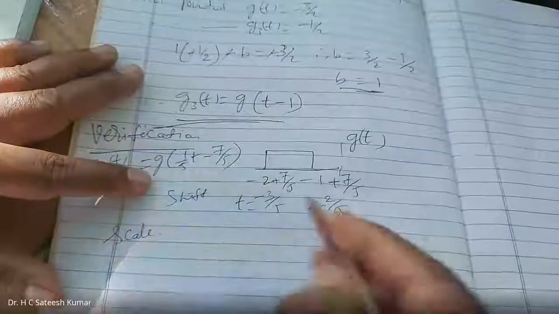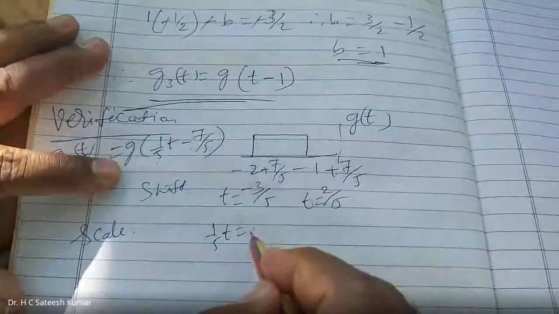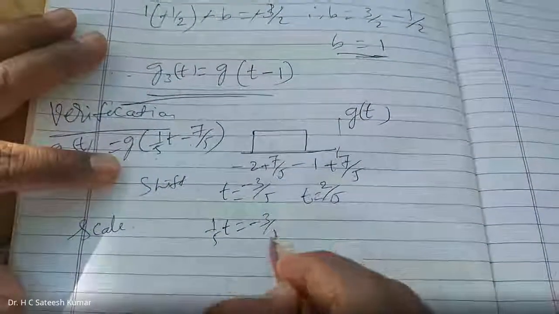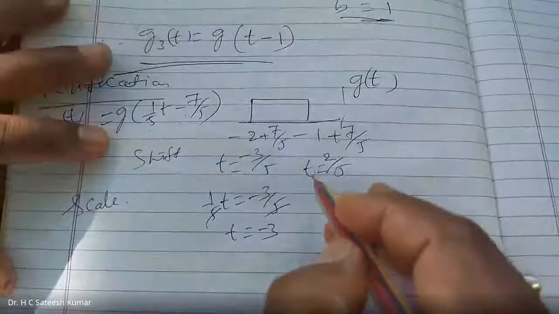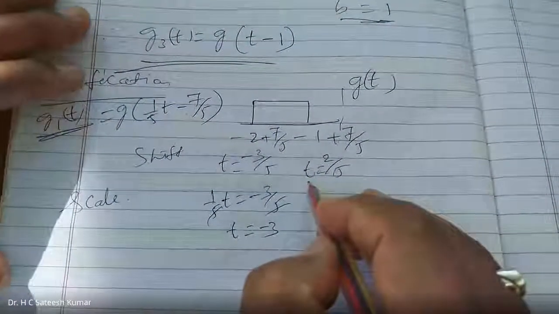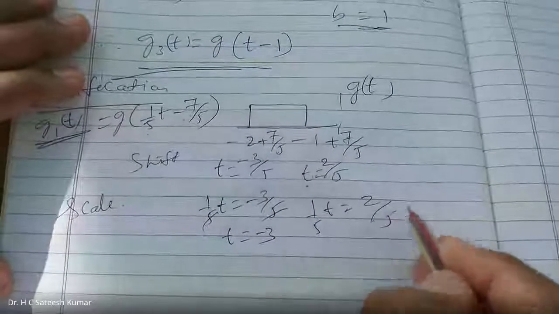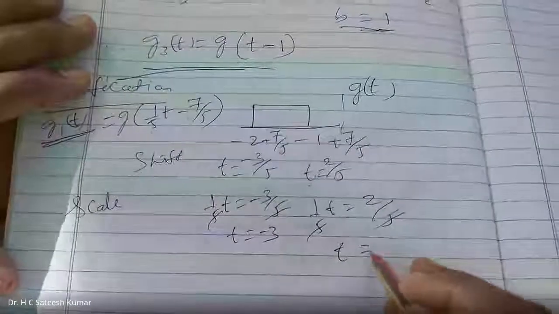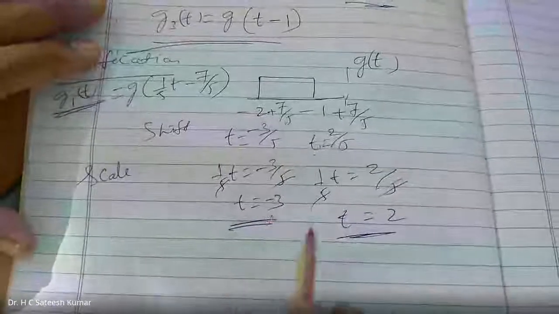1 by 5t is equal to -3 by 5. 5 gets cancelled, t is equal to -3. And this right edge, what is that? 1 by 5t is equal to 2 by 5. 5 gets cancelled, t is equal to 2. You check the answer. Left edge is at -3, right edge is at 2.